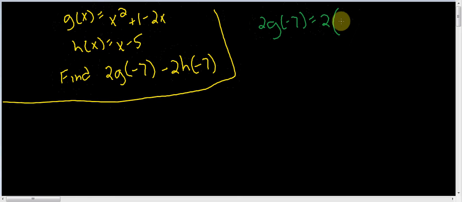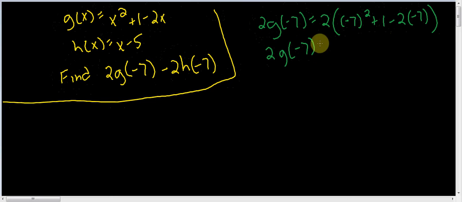So let's look at our function g, and everywhere we see an x we're going to put a negative 7. So we have negative 7 squared plus 1 minus 2 times negative 7. Alright, so let's see here. 2 times g of negative 7 is equal to this big 2.